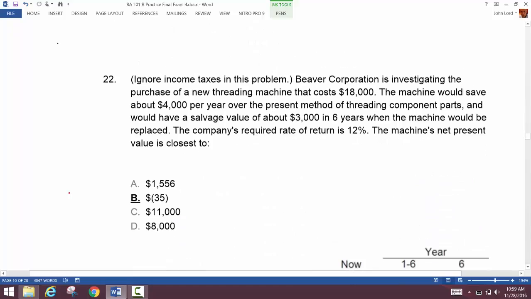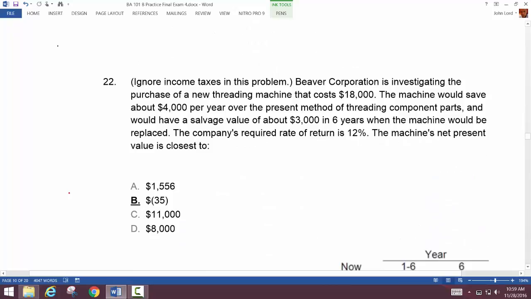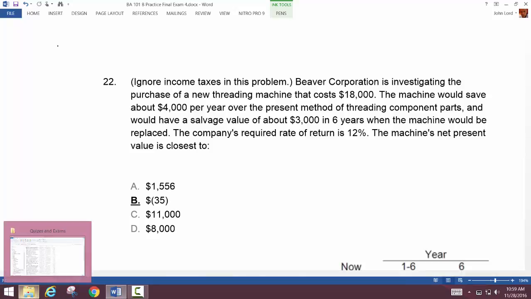Okay, all right, good. Let's go ahead and take a look at a couple of capital budgeting questions then from chapter 11.